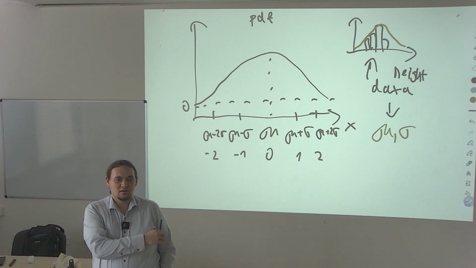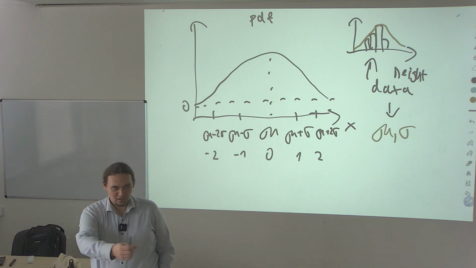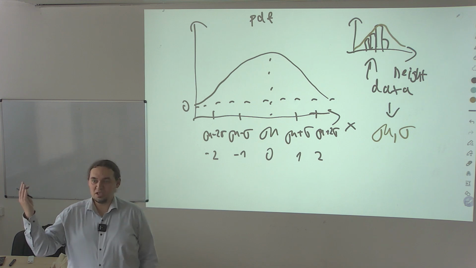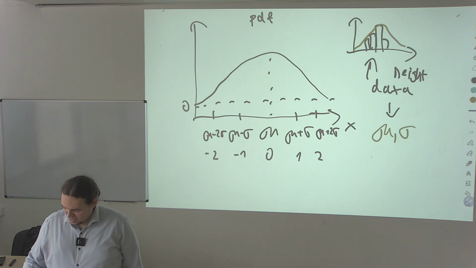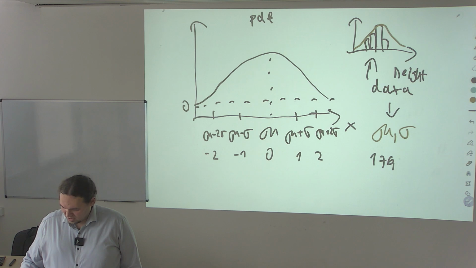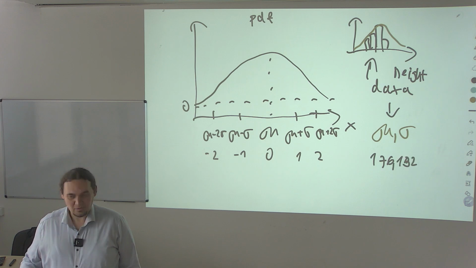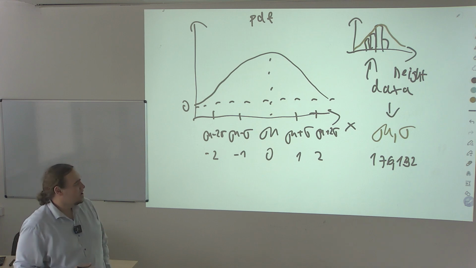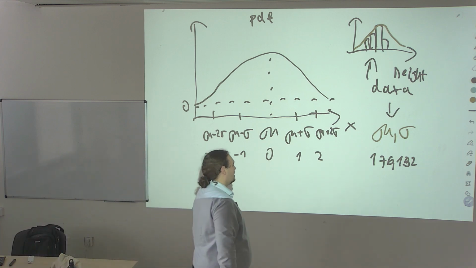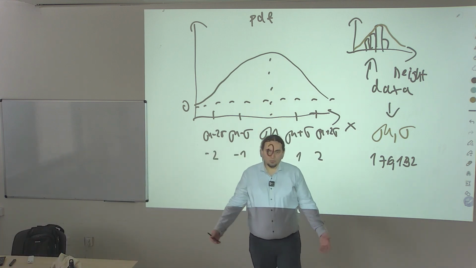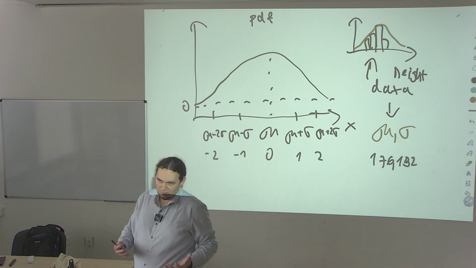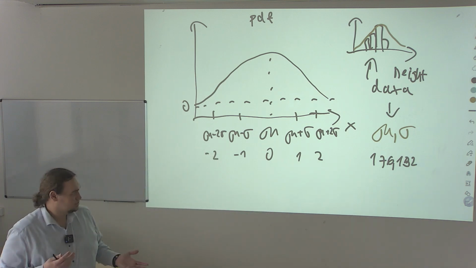The height in our population in this classroom, the mean of it, let's say it's 176.1, or 192, whatever number. So who has this height? Nobody, yeah, because we got this number through some averaging, through some mean.